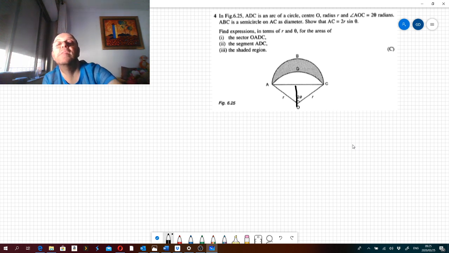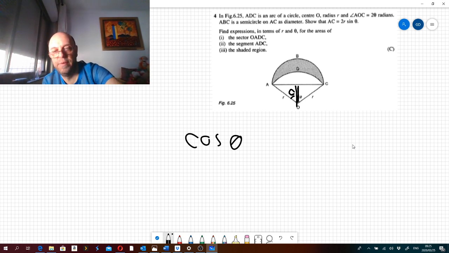Now we know that this height that I've drawn in, if I said that height over r, that would be sine of, sorry, cos of theta, this theta over here, because that's adjacent, and the r is the hypotenuse. So I could write that cos theta is equal to the height over r.